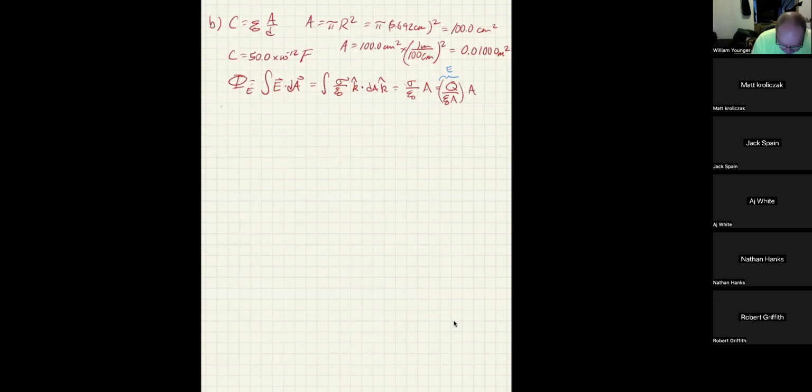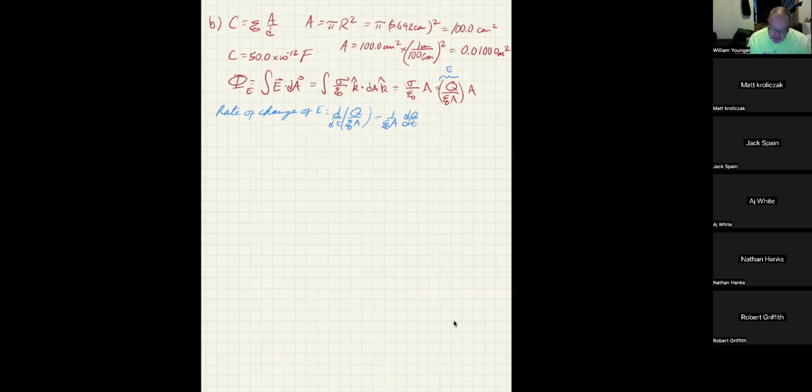So let's first do the rate of change of E. The rate of change of E is d by dt of Q over epsilon naught times A. That's equal to 1 over epsilon naught times A times dq dt.